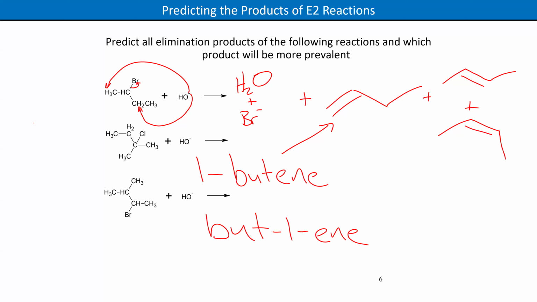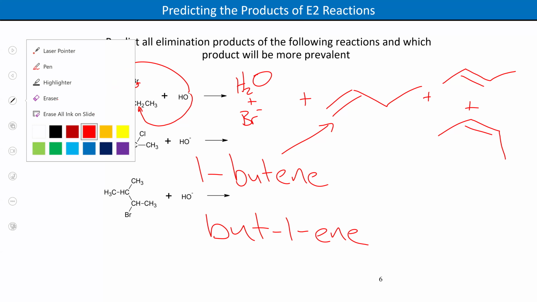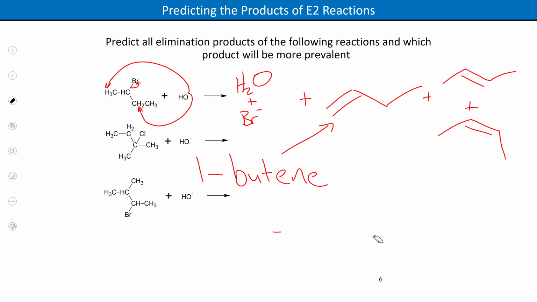The other aspect of this that makes things a little bit tricky is that when you have a pi bond, pi bonds can no longer freely rotate because the shape of a pi bond is not symmetric between the two carbons. It had that above and below shape.